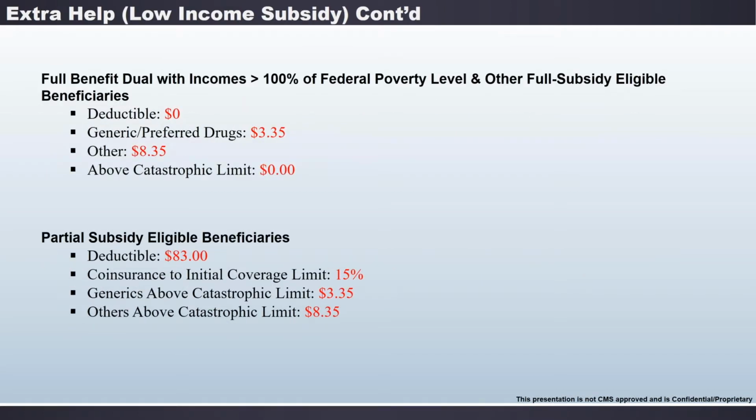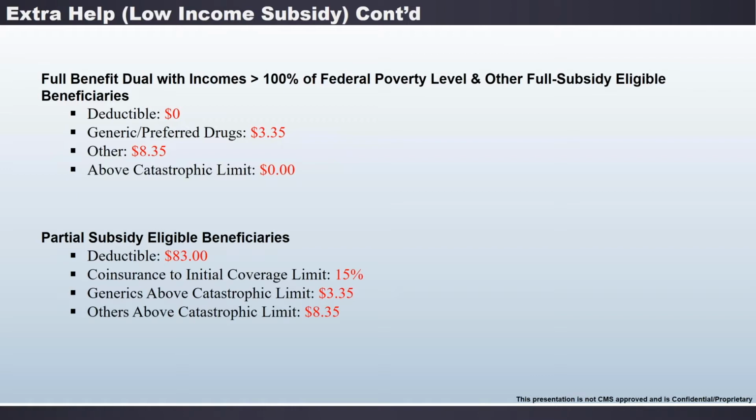And then we have the full benefits duals with income less than 100% of the federal poverty level or other full subsidy eligibility beneficiaries, $0 deductible. Generic and preferred drugs up to $3.35 per prescription. The other is up to $8.35 per prescription. Above the catastrophic limit is a $0 copay.